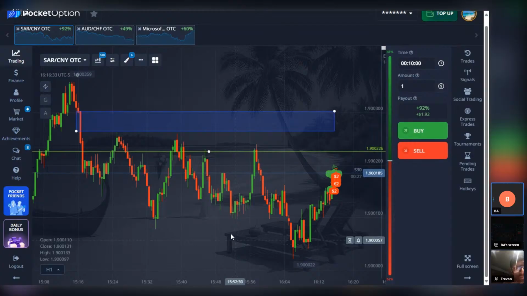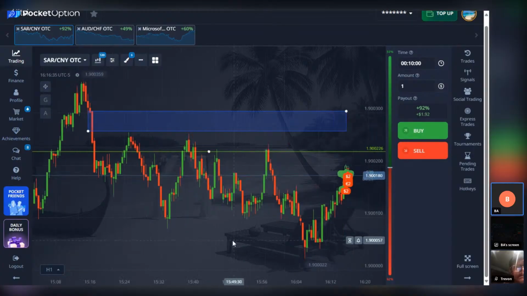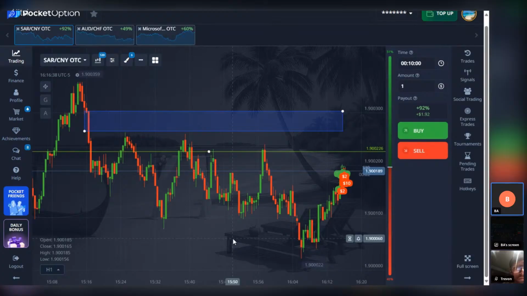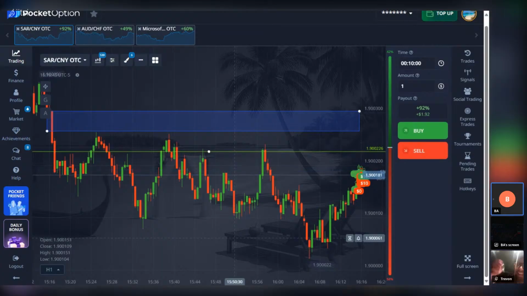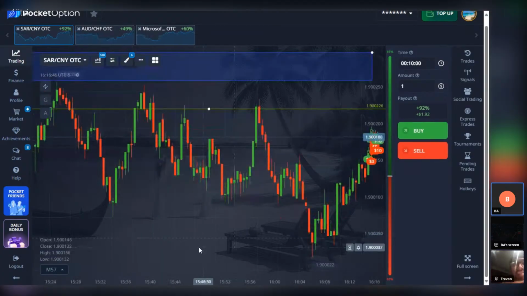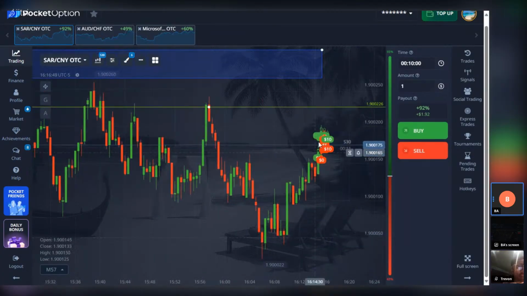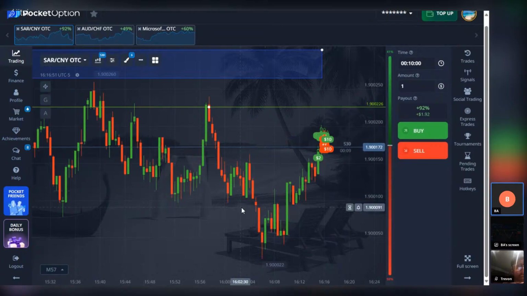But look at all them people pressing that button. They're just giving their money away. You know what I'm saying? Just giving it away, just because they see a little momentum on the candles.